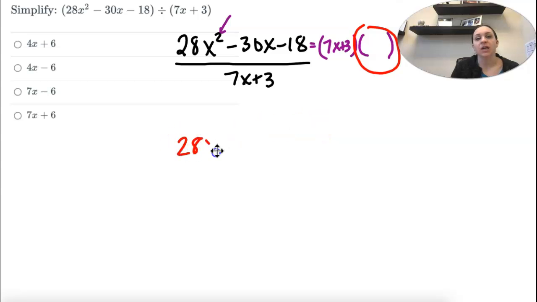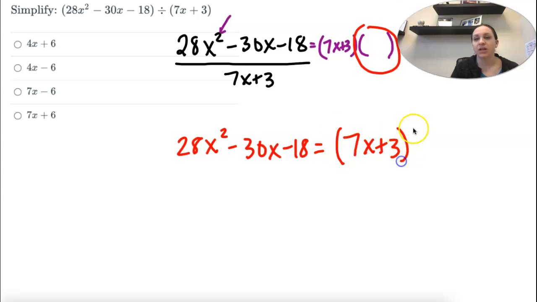So I know 28x squared minus 30x minus 18 is factored form to 7x plus 3 times something else. We could divide, and we'll do that later, but for now I'm going to use our multiplying method, right?